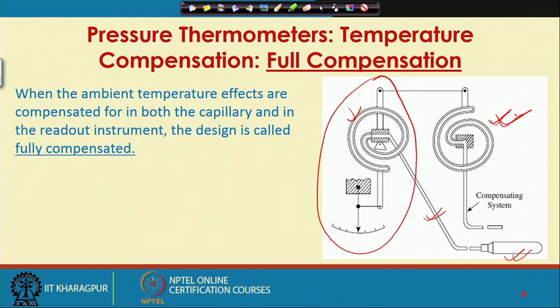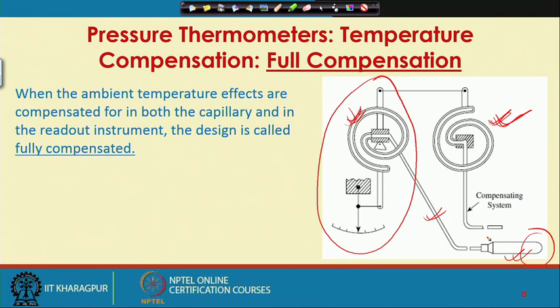So, this is exposed to the surrounding only. So, the pressure that is built up here is based on the effect of ambient temperature only. The pressure that is built up here is based on the medium temperature as well as the ambient temperature.